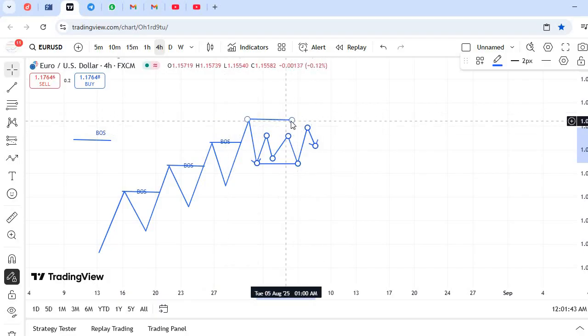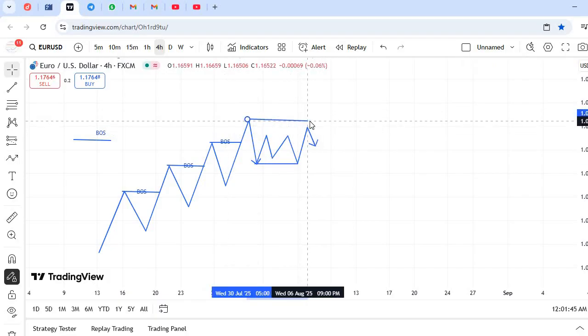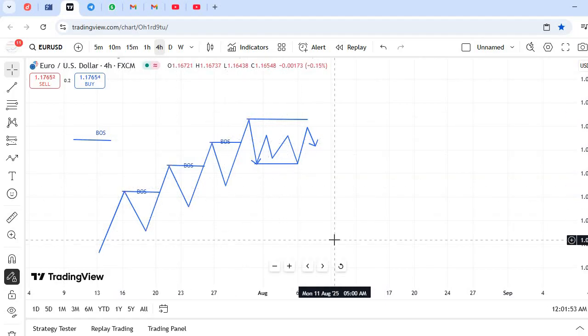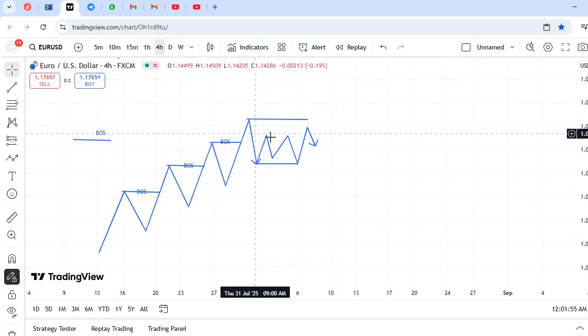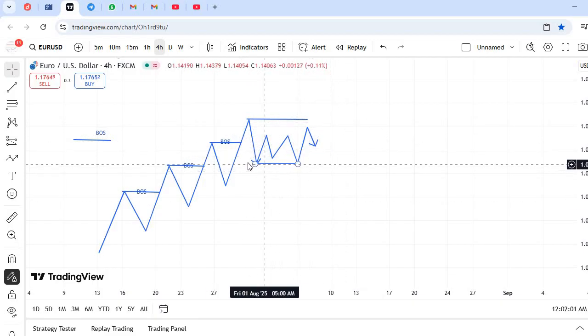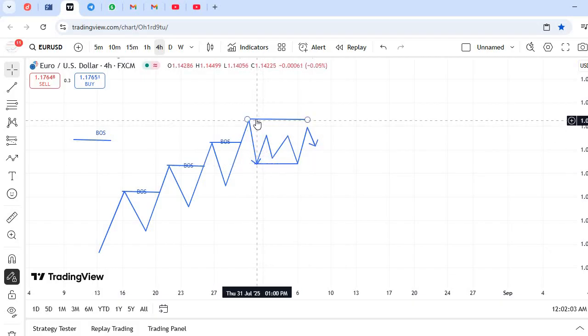Can you see? So no structure has been broken, you understand? So we are still in the uptrend. Now this low is still protected.